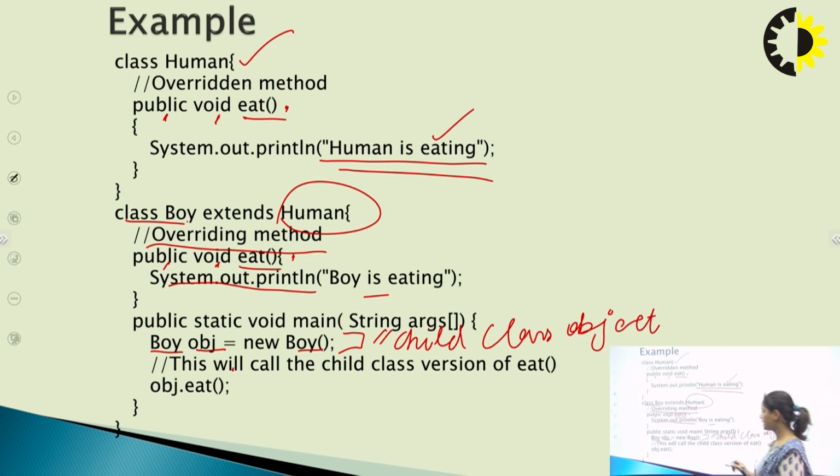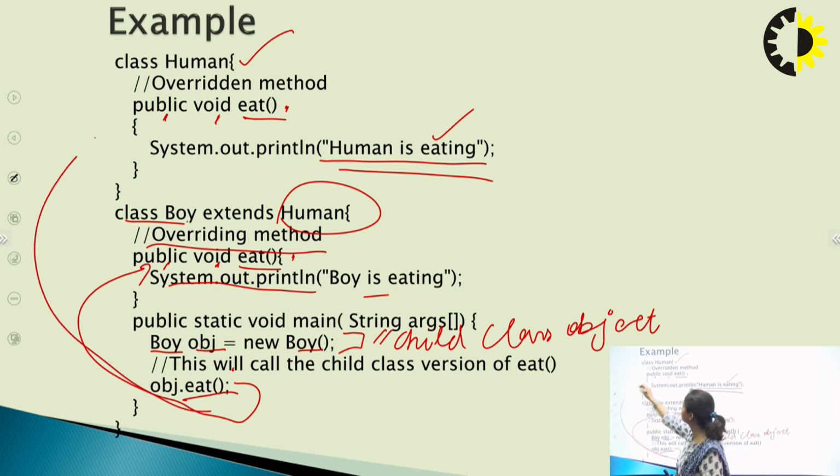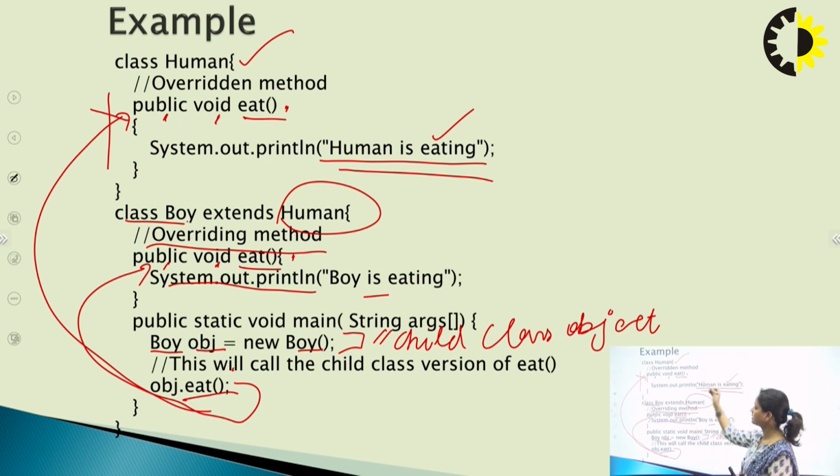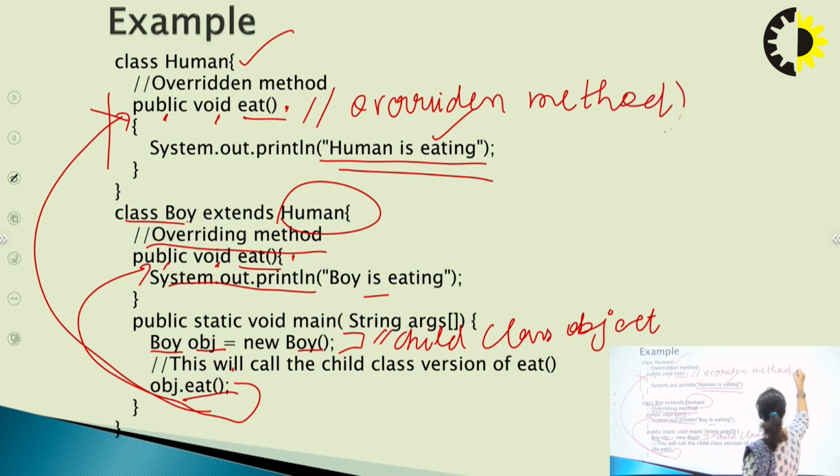With the help of this child class object, when the eat method is invoked, the call will go to its own eat method, this one, and it will not go to this one. Why? Because both methods are the same, and this eat method is said to be the overridden method. And which one is going to override it? This eat method. This is your overriding method.